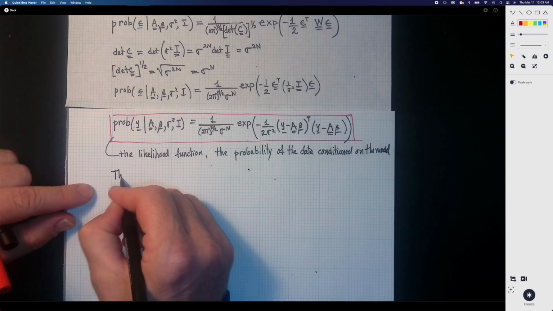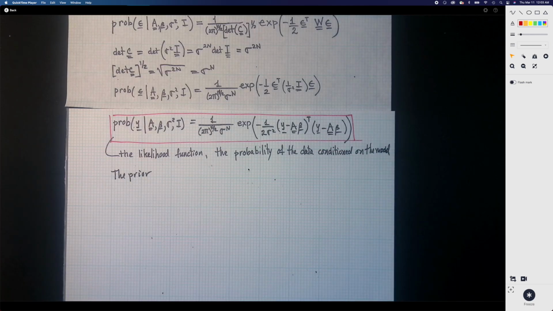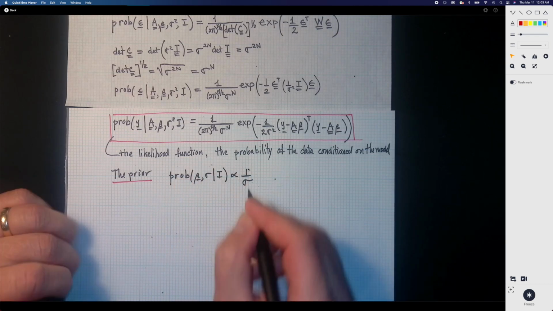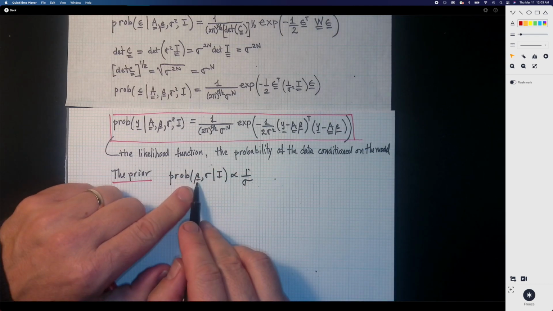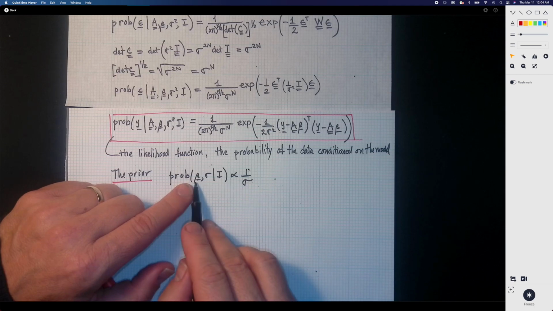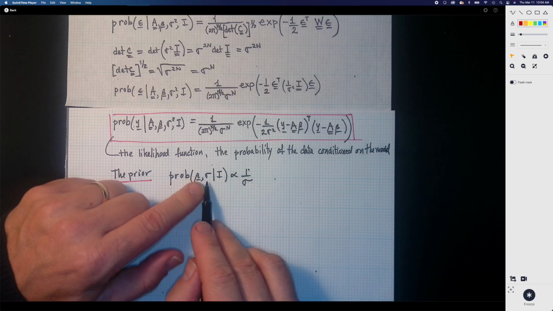For the prior, we're just going to choose a simple one. In other words, we're assuming that the prior probability for the components of beta, namely m and b, is flat. It doesn't depend on those parameters, and the probability is flat in the logarithm of sigma, not in sigma itself. So we're going to assume that there's the same amount of probability between 0.1 and 1, between 1 and 10, 10 and 100, and so on.